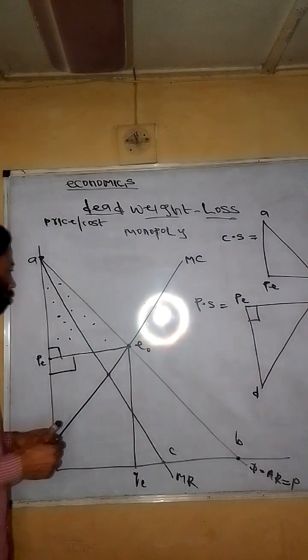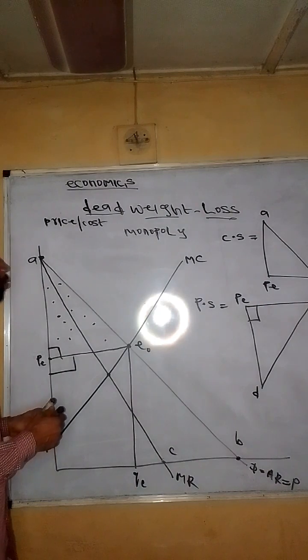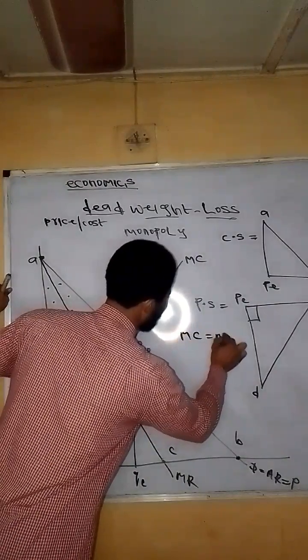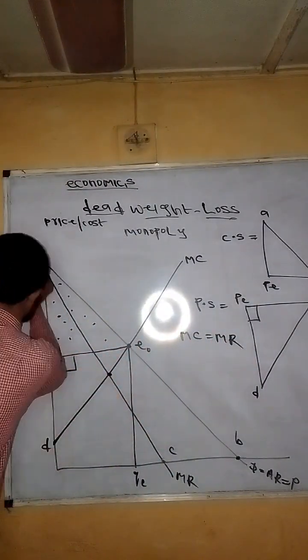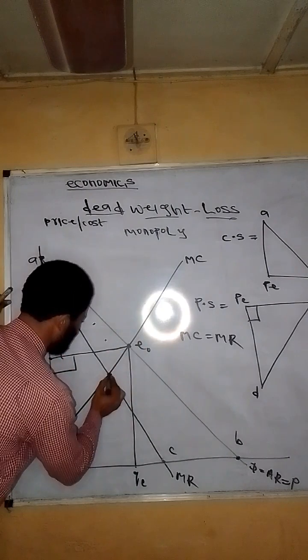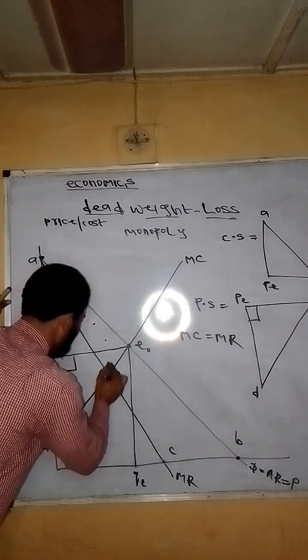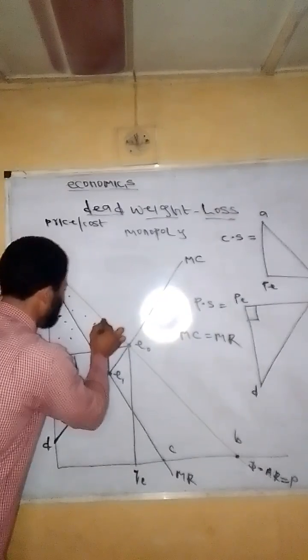Now, let us assume that the market is monopolized. If there is a monopoly in the market, remember that a monopolist will make profit when marginal cost and marginal revenue are equal. Look at marginal revenue and marginal cost. They meet here, E1. So the new equilibrium will be at this point. From here, trace it upward to the price function and drop it here.